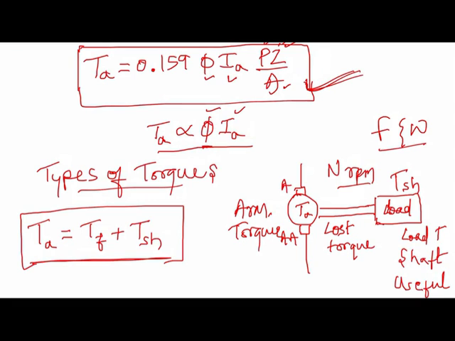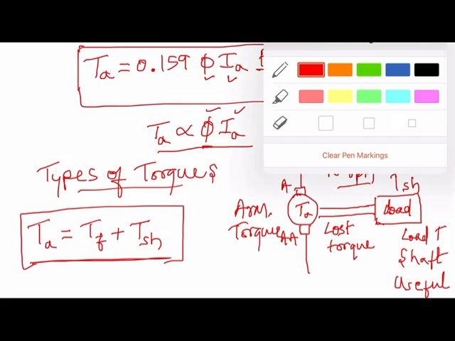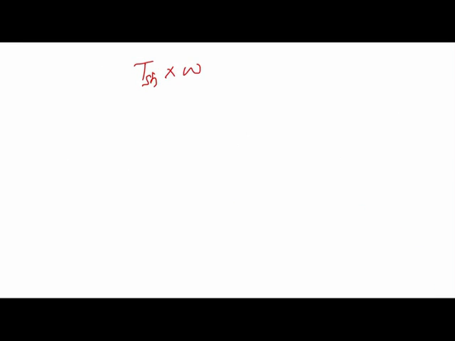Then the product of the shaft torque, that is the torque at the load, TSH, and the angular speed omega is called the net power output of the DC motor.